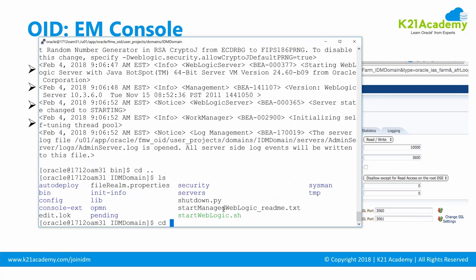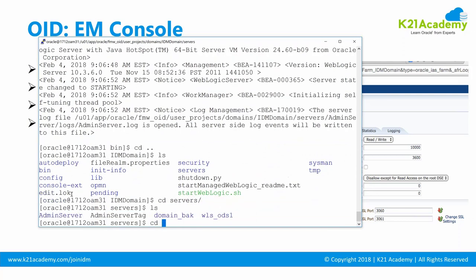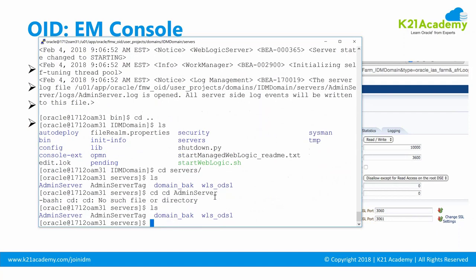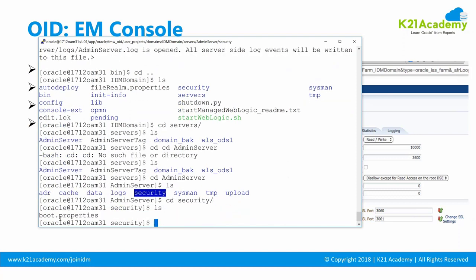We go to the domain home and the servers folder, and inside that I have two servers: this is my admin server and this is my managed server. In each of these, inside the respective server, I have a folder called security. So inside the domain home, servers, name of the server, and then security, you will see a file called boot.properties.